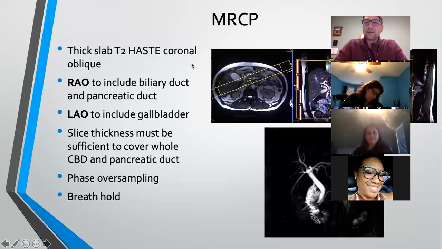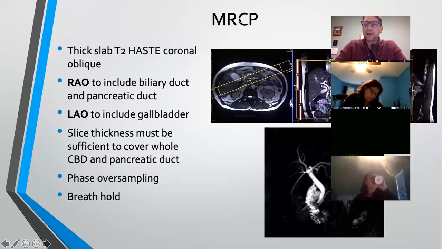Endoscopic, retrograde, cholangio... and you're looking at the cholangio and the pancreatic ducts. So this is just the MRI equivalent to an ERCP, but obviously less invasive. You don't need to put them under general anesthesia.